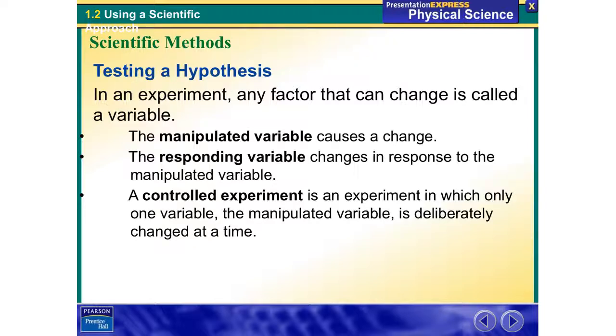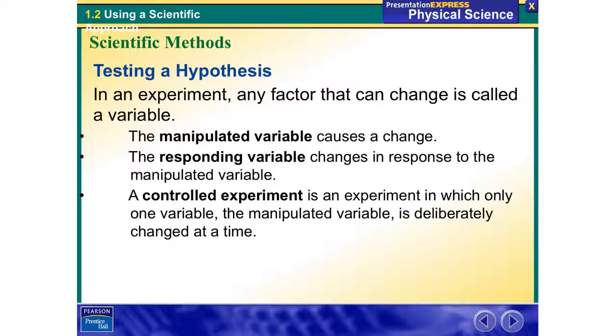In an experiment, any factor that can change is called a variable. And there are several different types of variables. The manipulated variable causes a change. A lot of times instead of manipulated, we call this the independent variable. And so it is what you change in your experiment that is going to cause something to happen. The responding variable changes in response to the manipulated.